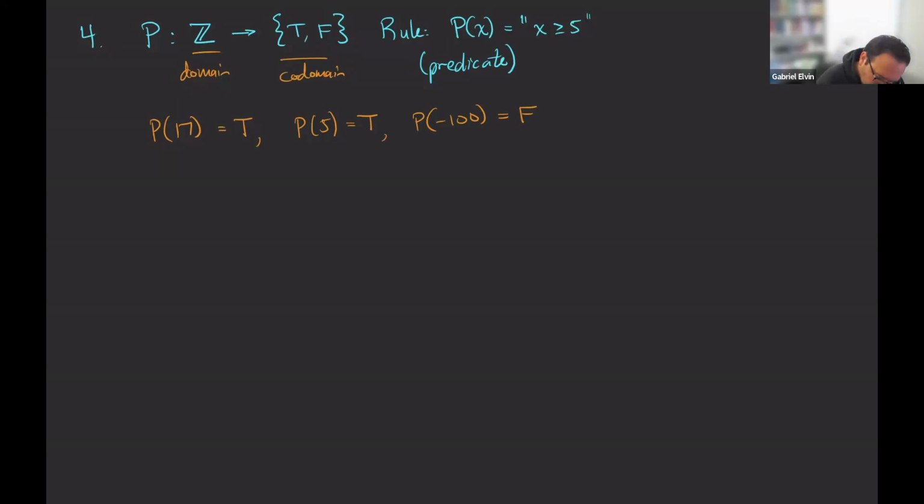And then something like P of pi, that's undefined. You could say, oh, well, pi is 3.14, so it's less than or equal to 5, so it should just be false. But pi is not in the domain because the domain is only integers. If we had switched the domain to be real numbers, then that would have been fine. But pi is not an integer. Pi is not in the domain.